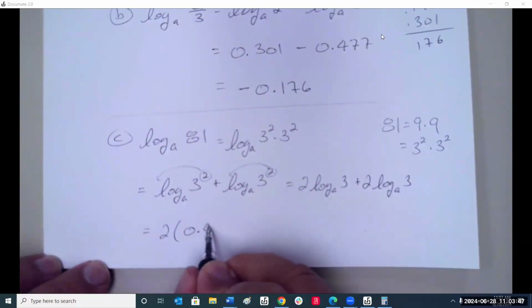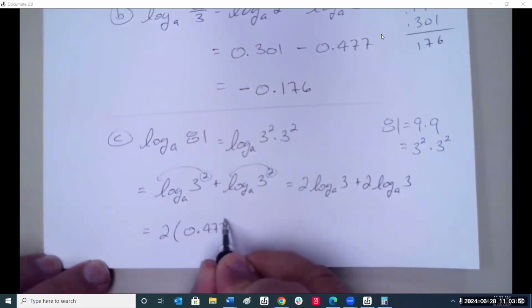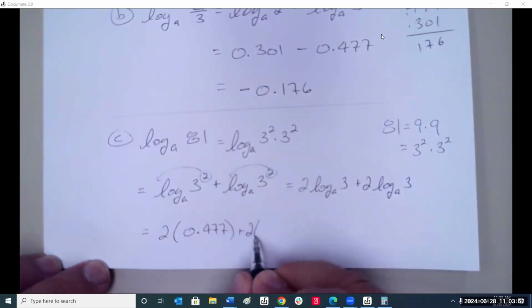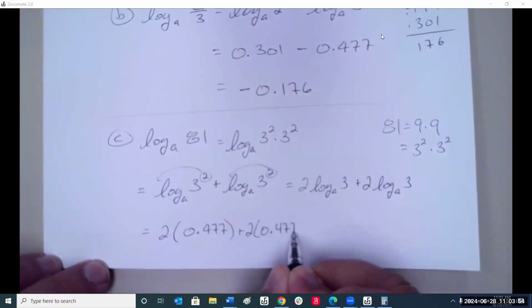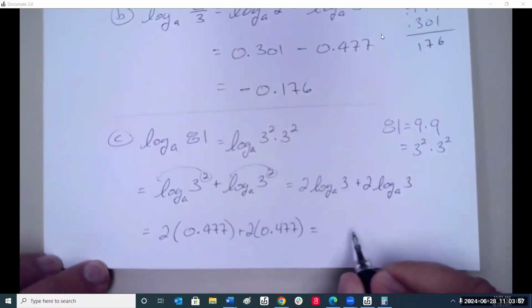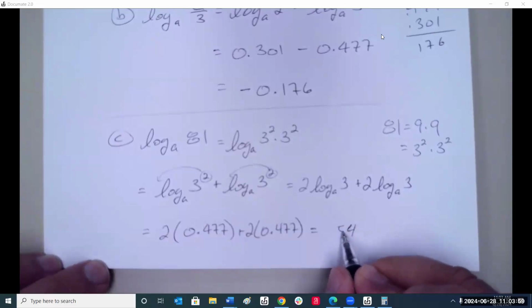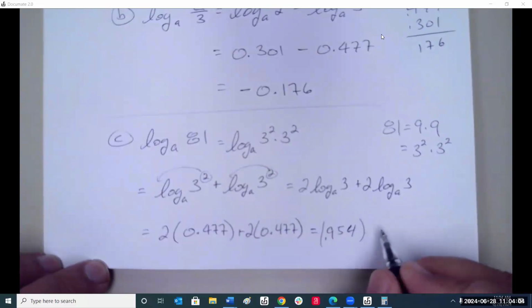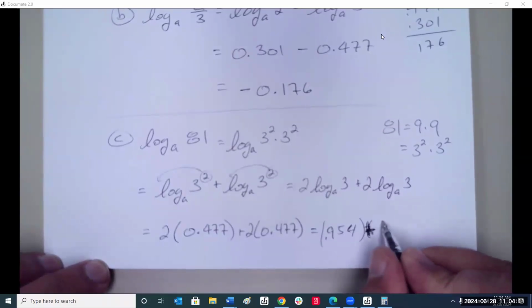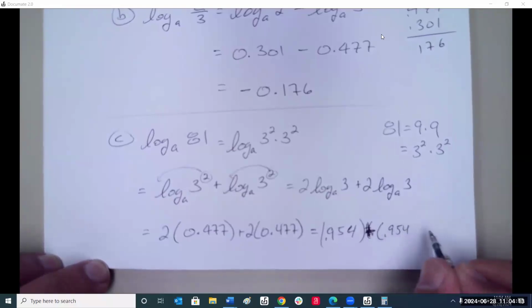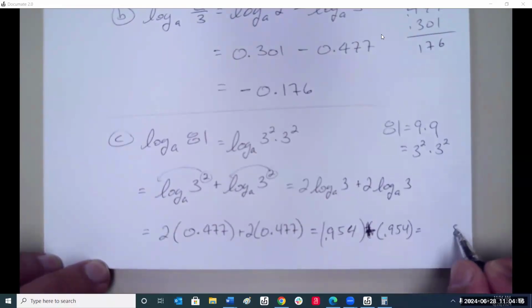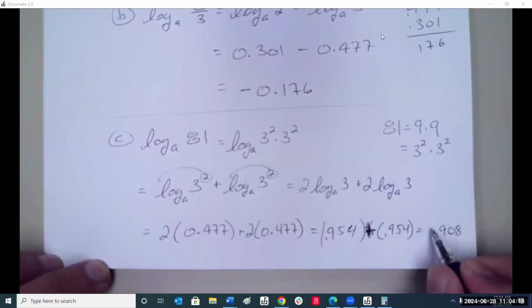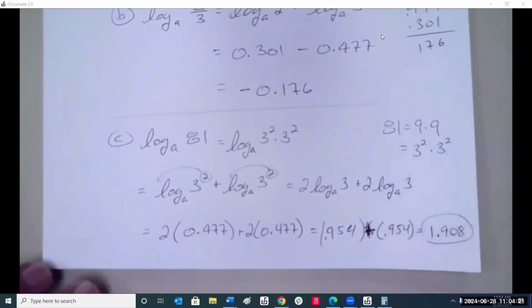Two times 0.477 plus 2 times 0.477 is 0.954, plus 0.954 is 1.908.